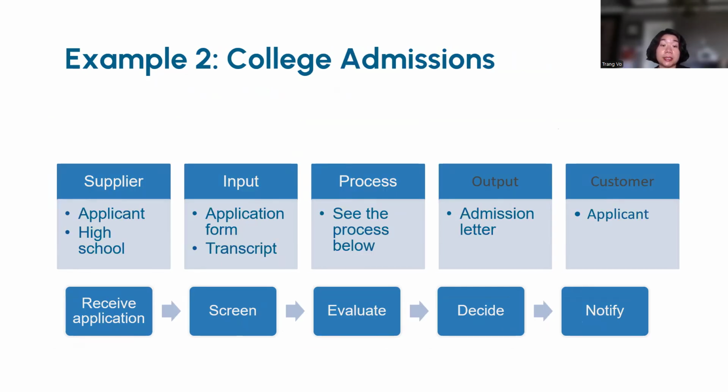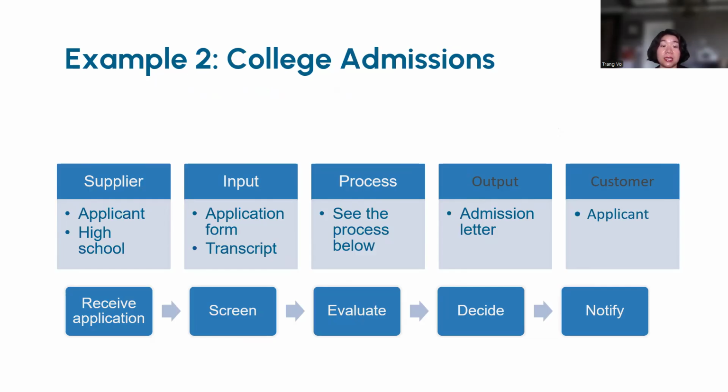Here's another one, this time from education. Let's talk about the college admission process. The suppliers are high schools and the students. The inputs are things like transcripts, application forms, and test scores, and the process could be receive the application, and then the officer will check whether it's complete or not, review it, make a decision, and send a response.